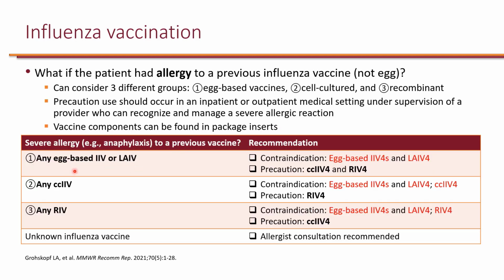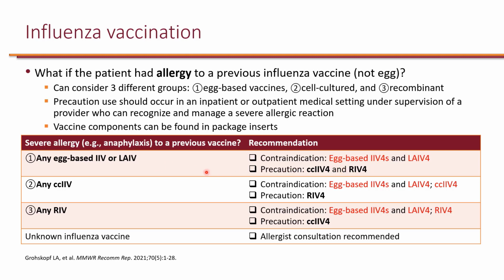So for the first group, those who have allergy to egg-based influenza vaccines, any egg-based vaccine is contraindicated for these patients. However, they may receive a non-egg-based vaccine, so either a cell-cultured or recombinant. Again, this has nothing to do with eggs.